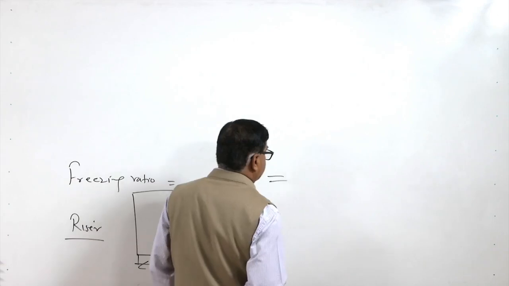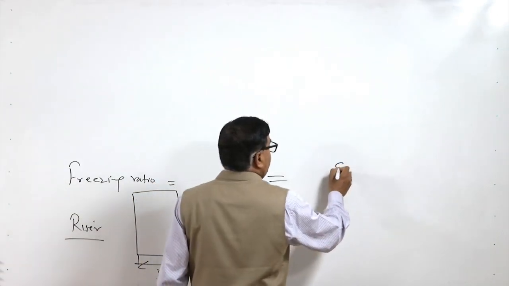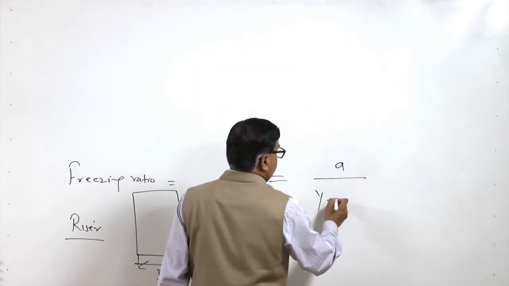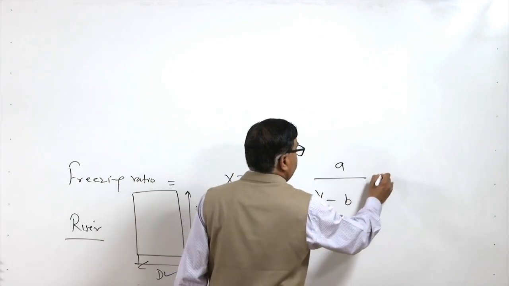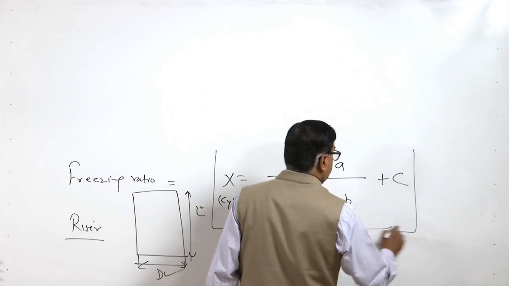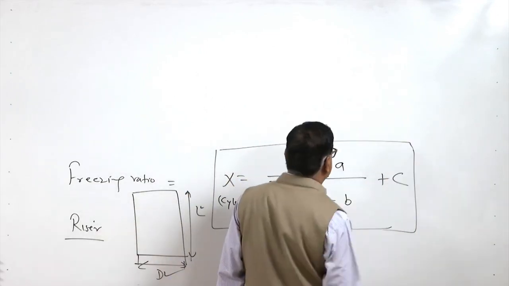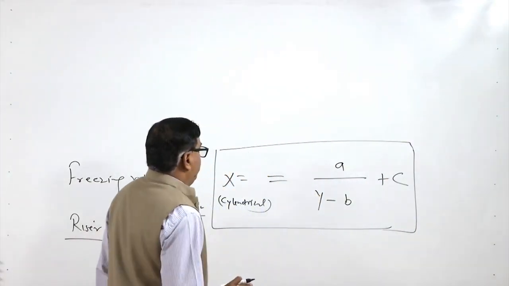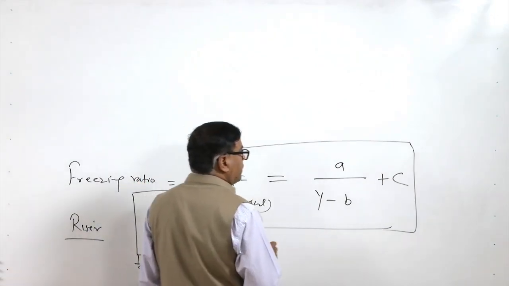This is expressed as X equals A by (Y minus B) plus C. This is one typical freezing equation used for determining the freezing ratio for cylindrical shape risers.